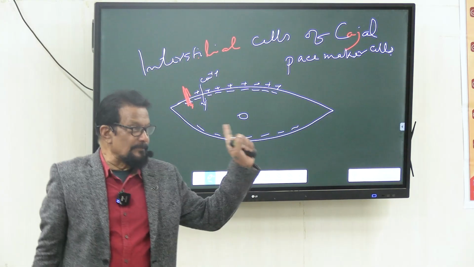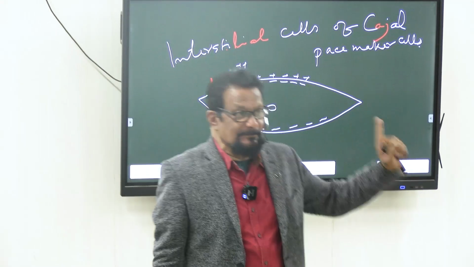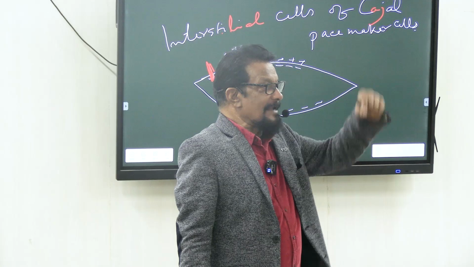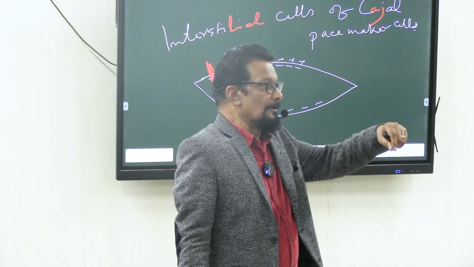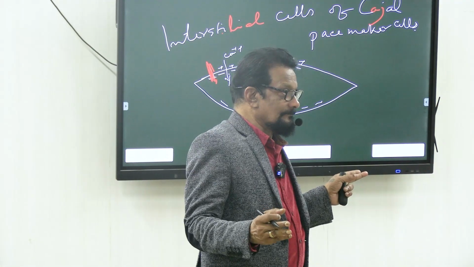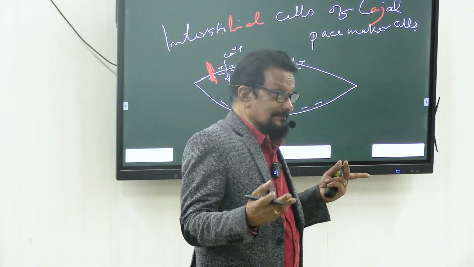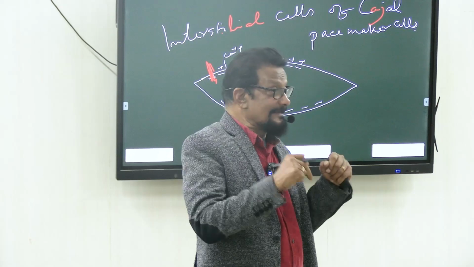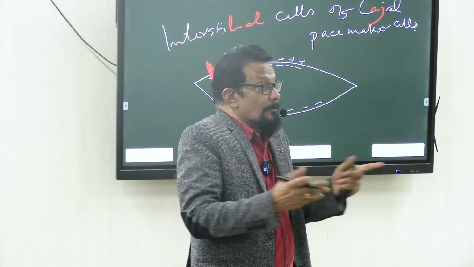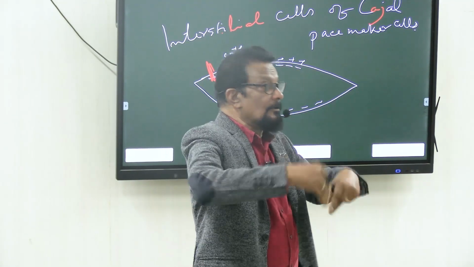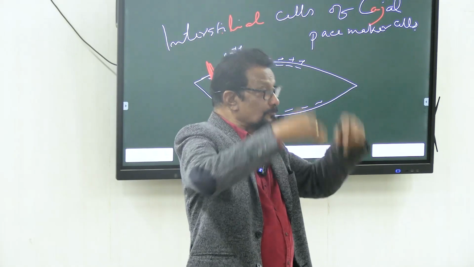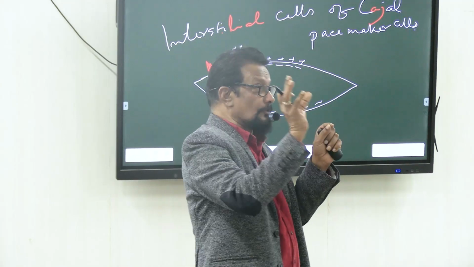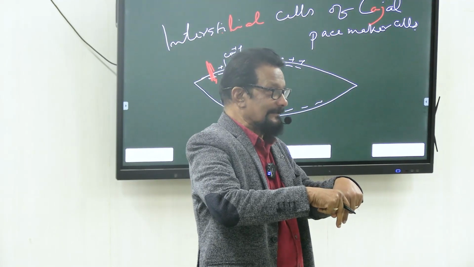When stimulation from interstitial cells of Kajal will come to the cells, some calcium channels will open. Before that, it was sodium channels. Now voltage gated calcium channels are opened. As a result, a lot of calcium ion along with small amount of sodium will be entering within the cell.